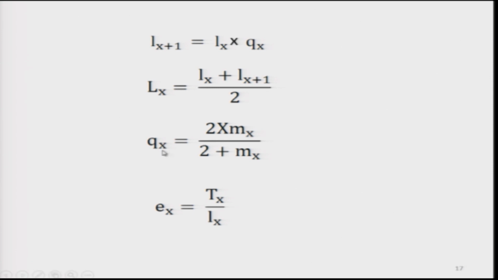For single year ages, one simple formula is that qx equals 2 times mx divided by (2 plus mx), assuming that deaths are evenly distributed. Then Tx is person years lived at age x, and small lx is the number of survivors to exact age x.